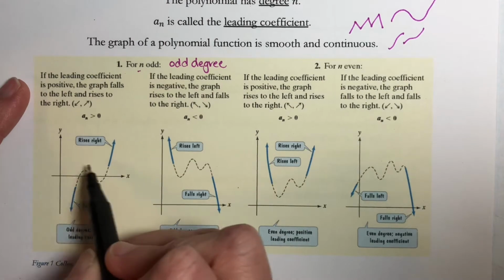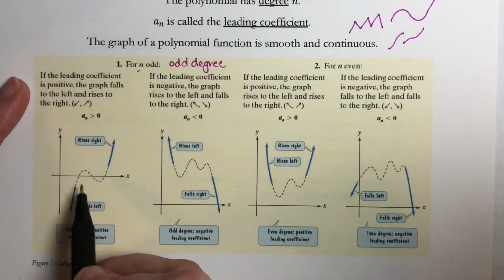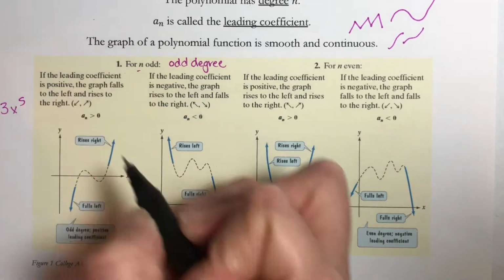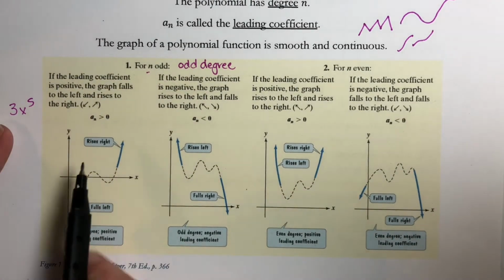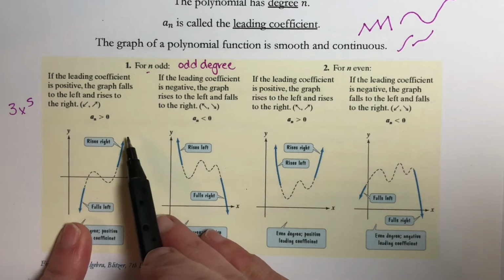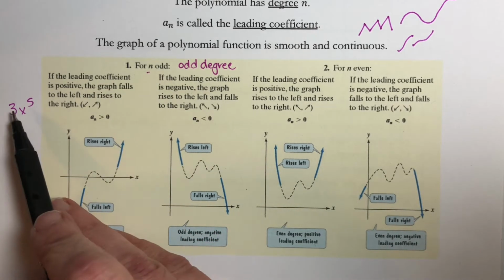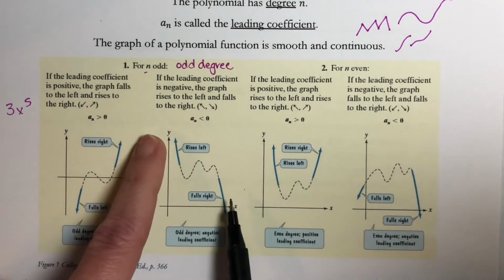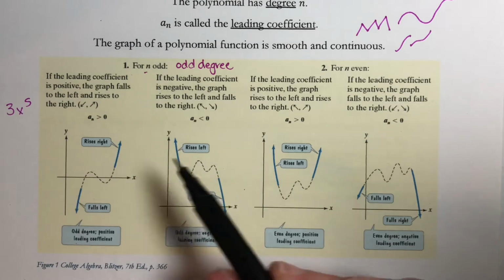Again, crazy things can happen in the middle. But if I have 3x to the fifth as my first term, then my graph is going to start in the bottom left and go up to the right, because this is a positive number.